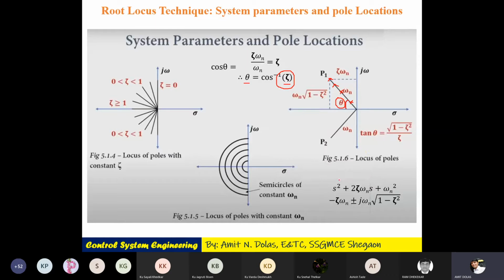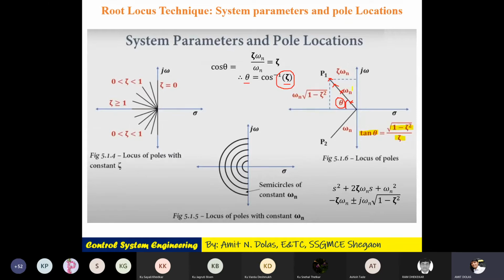Okay. Now, what is tan theta? It is nothing but square root of 1 minus zeta square upon zeta.